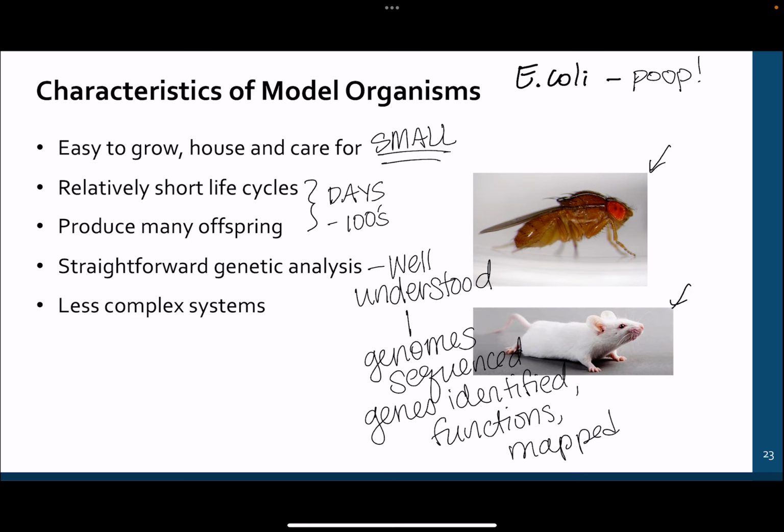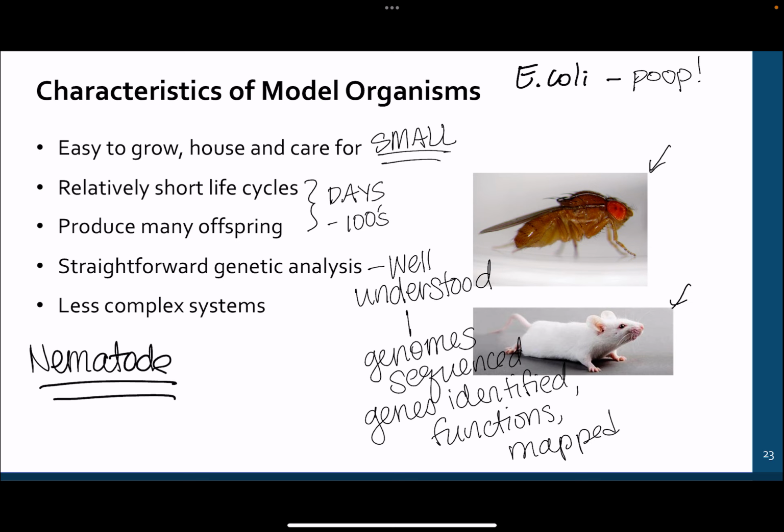Sometimes they have less complex systems. For example, the nematode, that flatworm on the very first slide. The nematode is really cool because the development of its nervous system has been documented for every single step in its development, which helps us to understand the more complex nervous system of our higher animals, like our mammals and our reptiles and things like that.